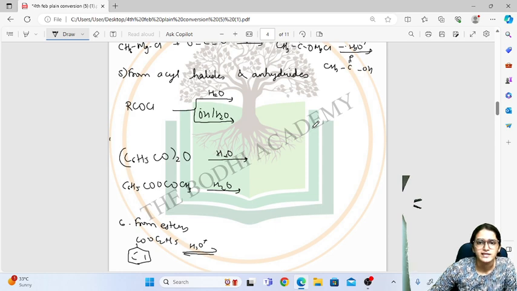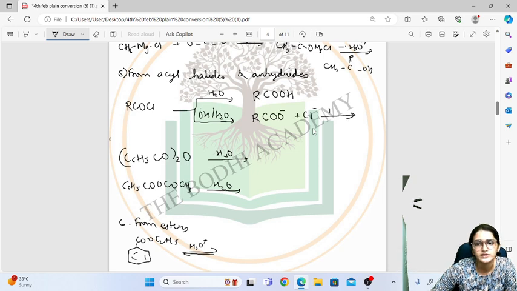Next is from acyl halides and anhydrides. Now when we use acyl halide, that is RC double bond OCl, with water, we directly get the RCOOH group. But if we take OH minus, that is base, then we are not getting carboxylic acid but we get carboxylate ion, that is RCOO minus plus Cl minus.